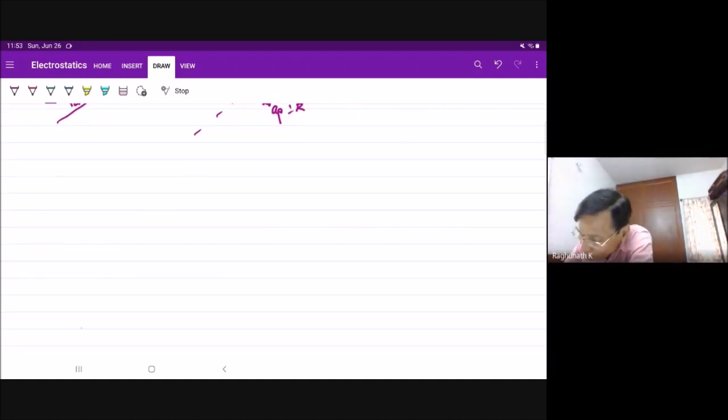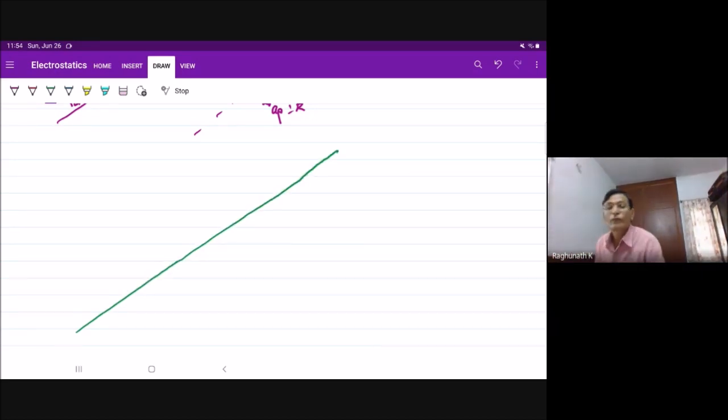Suppose I have an infinite line passing through, let us say, 1, 1, 1, having the direction ratios 1, 2, 3, with rho L as the charge density.